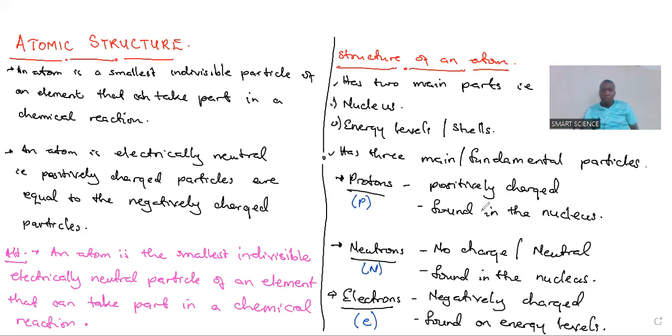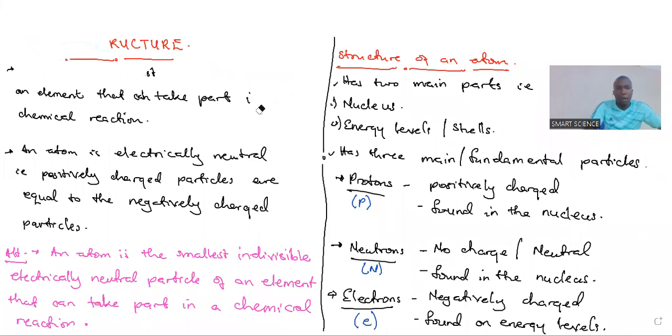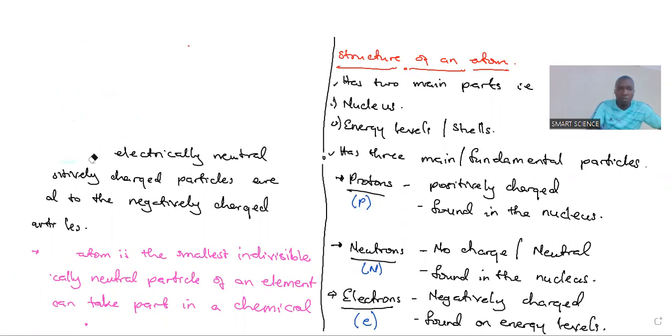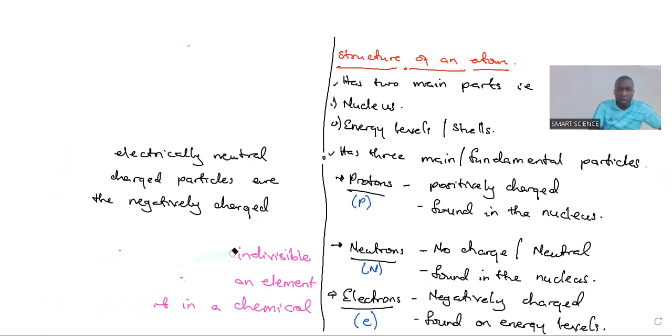And if we are to represent what we've described here in terms of a drawing, we can put a clear drawing to represent what we have written on the structure of an atom.